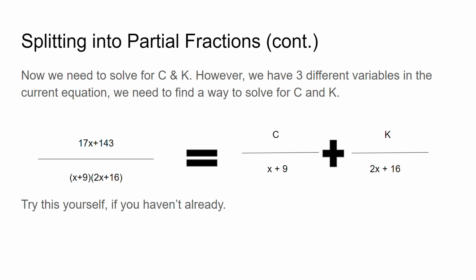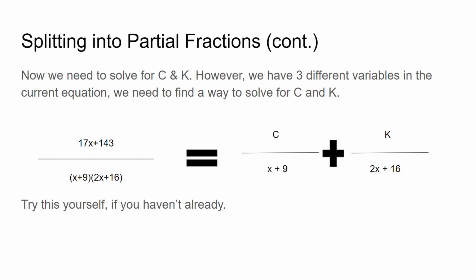Try it yourself. If you can't, just keep on watching the video. Either way, think about what you can do to eliminate just some terms, not necessarily variables. See if you can find the first step of what we're going to do. Try to guess what I'm going to do next.